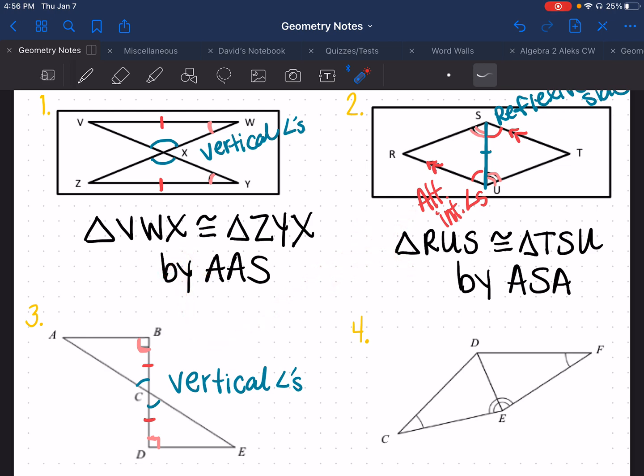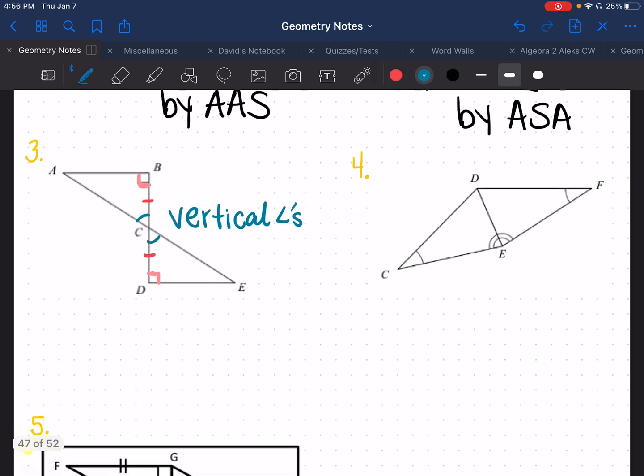Okay. Now I'm going to look at what I have, and I'm going to grab my highlighter because I can see that I have an angle, a side, and an angle. Well, I can already tell you what it is. And it doesn't matter which triangle you do it in.